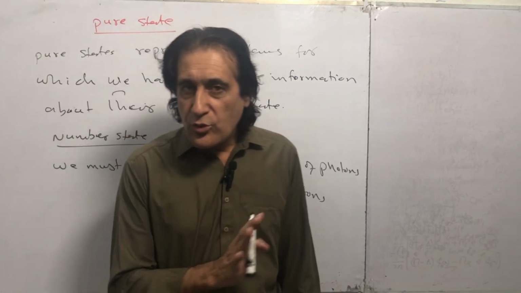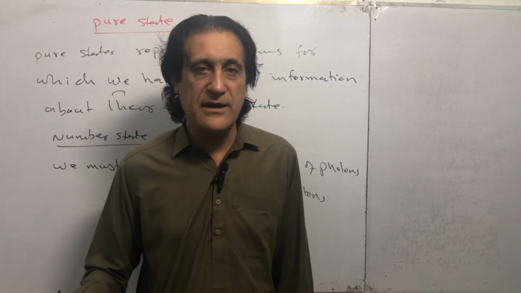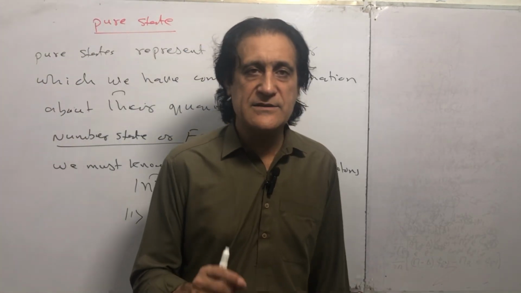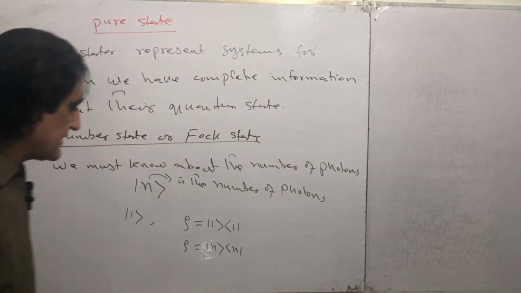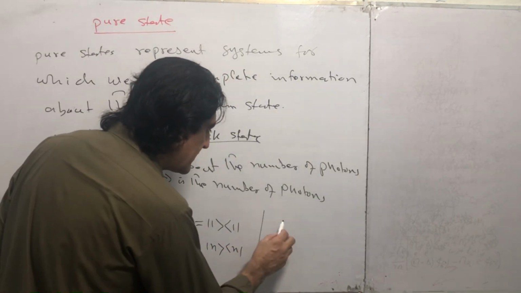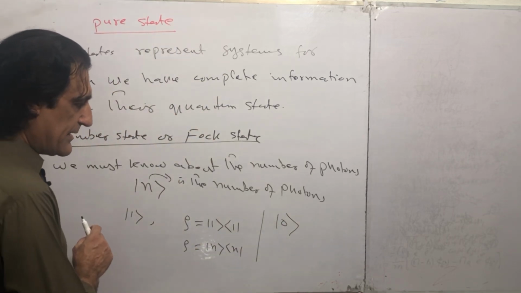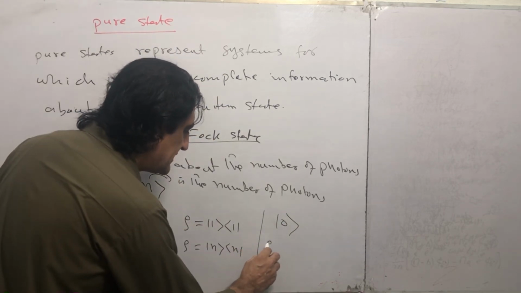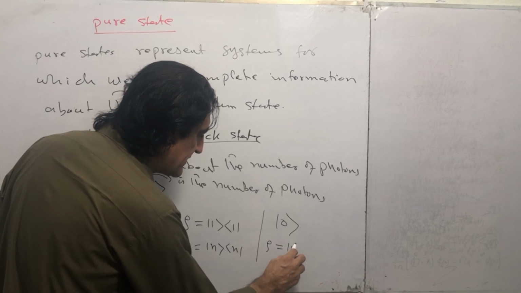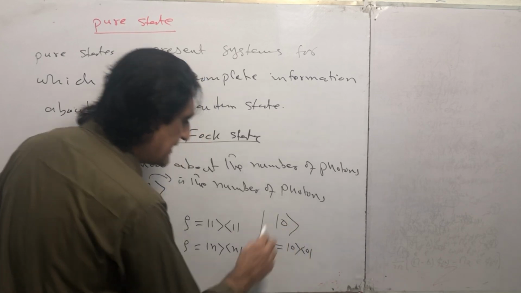If there is no photon, then this is known as the vacuum state. For a vacuum state, we must write the state as 0, and the density operator must be written like this.